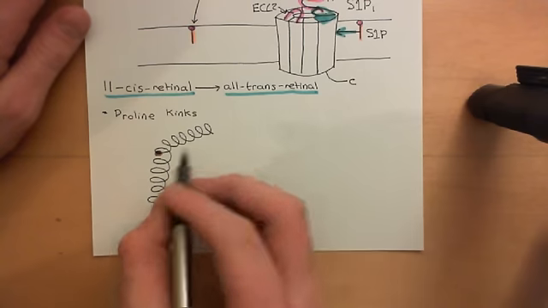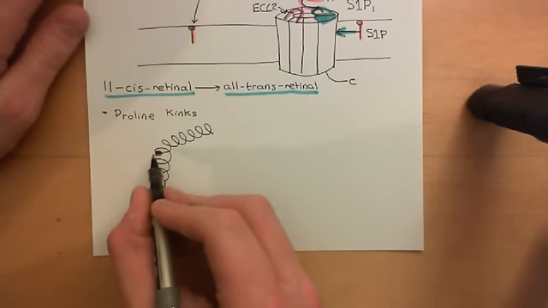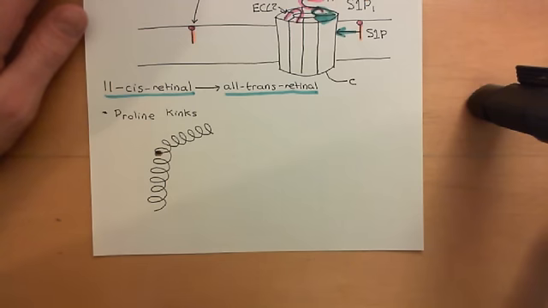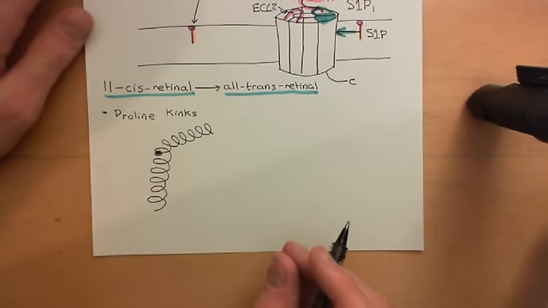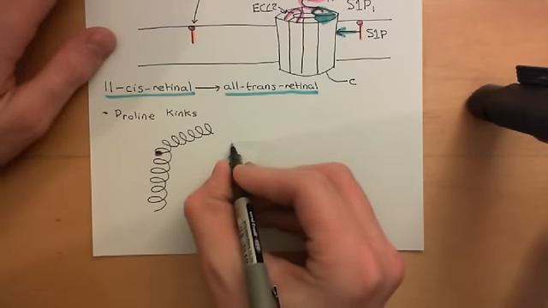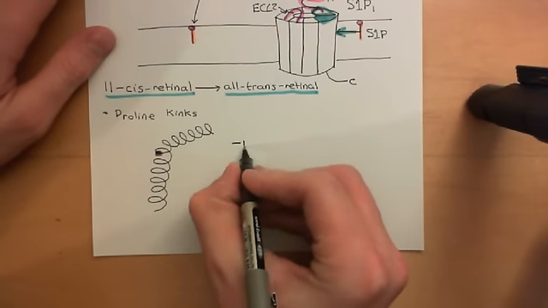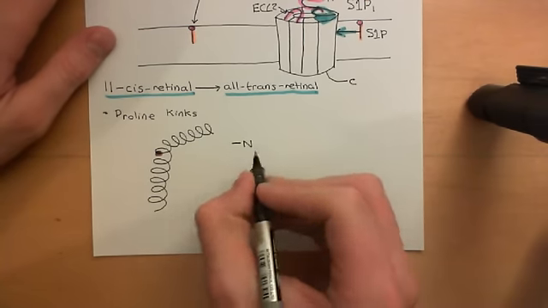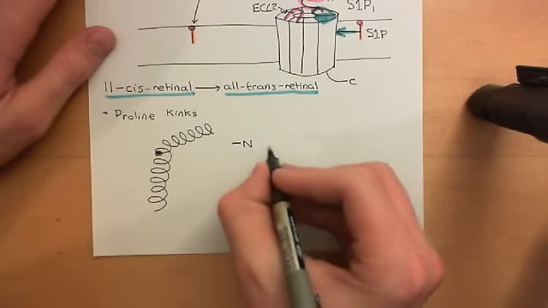Let me just show you the structure of proline, and then you'll understand why this might cause a kink like this. Proline's a weird amino acid because the amino group of proline is actually involved in the R group. Let me show you this, and I'll show it as a residue, so I'll show it as though it's bound within a polypeptide.